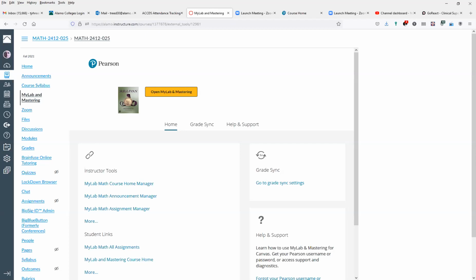If you can't get temporary access, I think I have one person who cannot. For some bizarre reason, it's not showing up on their screen. They have a Mac, and when they try to sign in through Pearson to get the temporary access, it doesn't show up there.